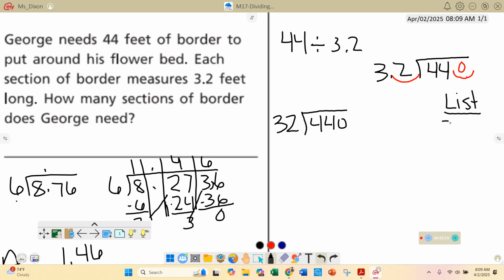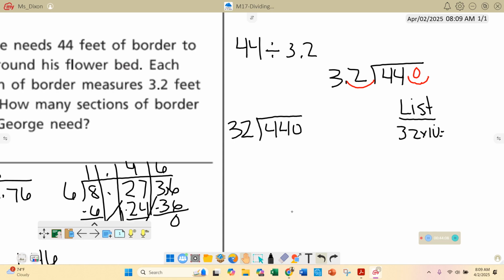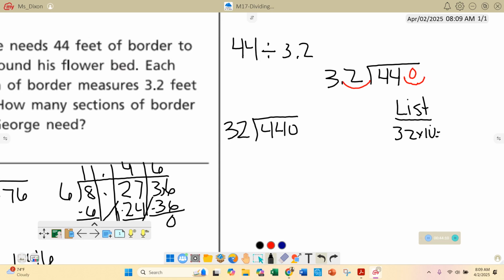All right, 32 times 10. And that's 320, which I think is a really good start. So I'm going to start with 10.